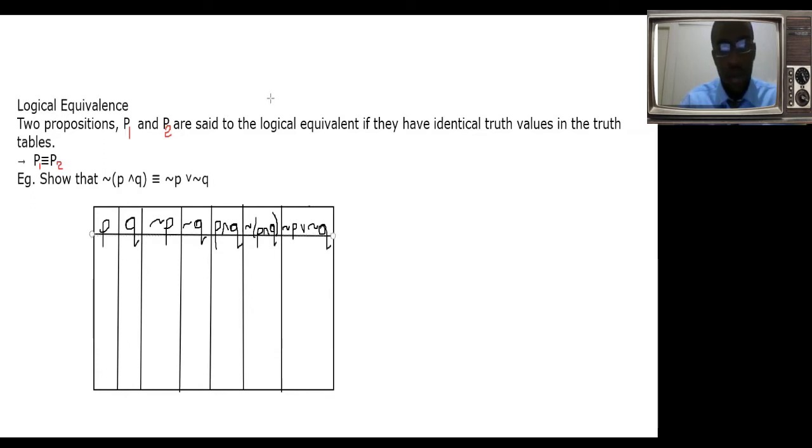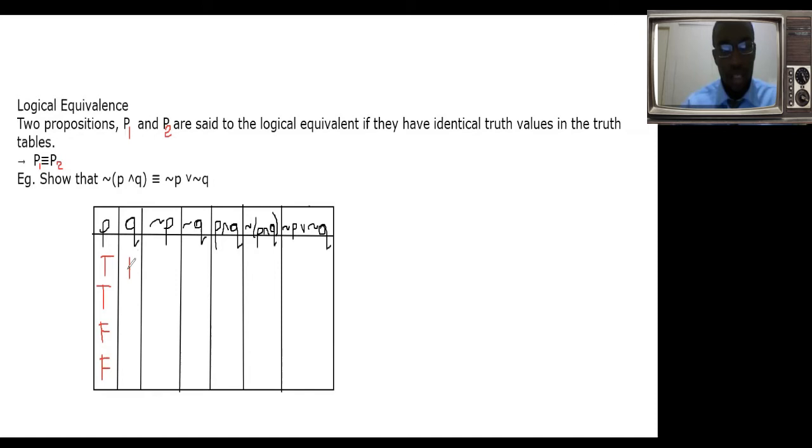All right, so again, for P we're going to have true, true, false, false. And why? Because we have two variables, so it's four possibilities in each column.